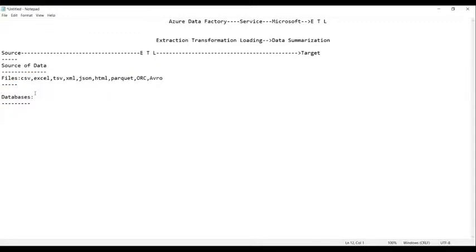The third reason is access, that is retrieval. Suppose I want the list of employees whose salaries are less than 75,000.